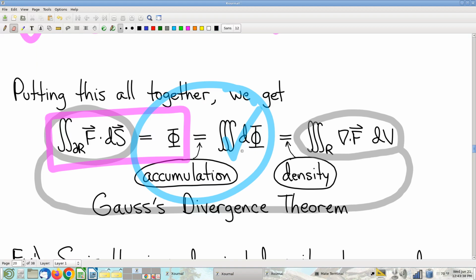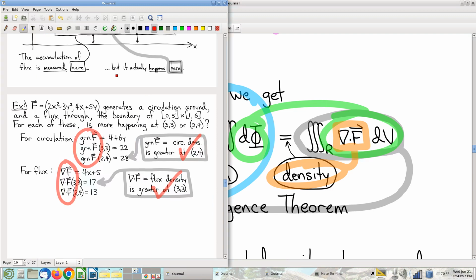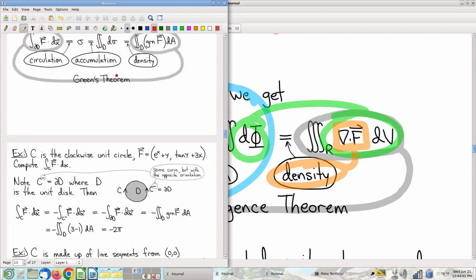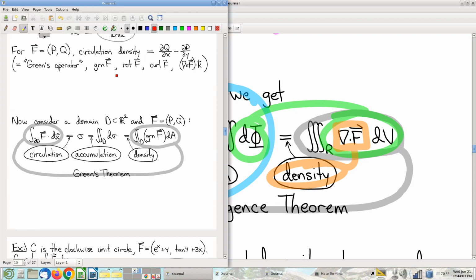Previously discussed. And lastly, there's an associated density. How much flux is there happening on any given little piece? Well, density times volume gives you flux. Now, notice this 3-step process is really similar to the analogous 3-step process that we did for Green's theorem.